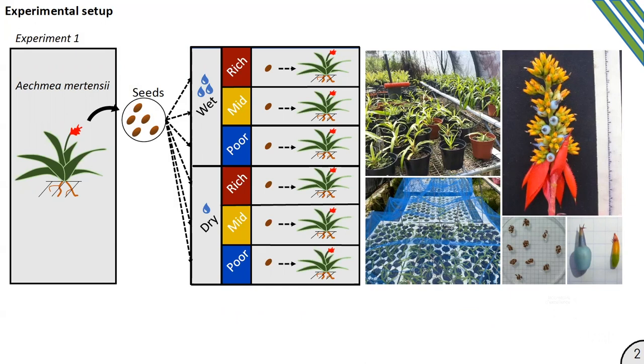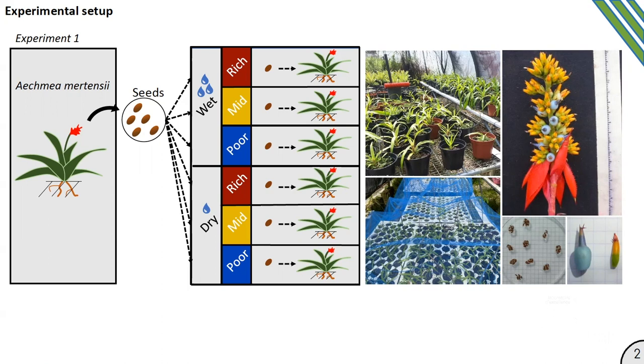A rich one being potting soil, a poor one being white sand, and an even mix of both in yellow. These seeds were sowed, and we waited for them to germinate, grow, and then flower. In Aechmea mertensii, it takes about a year, which is very convenient for transgenerational experiments and studies.